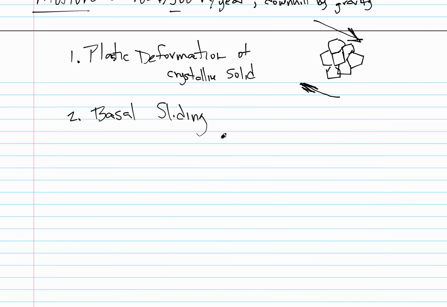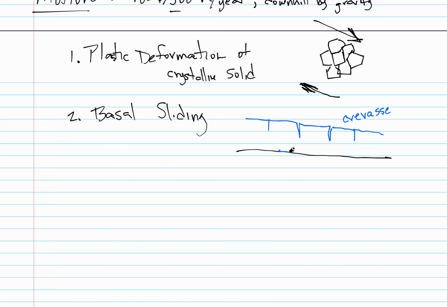Now, basal sliding is more simple. It is exactly what it sounds like. So if we have, here is our land below, we have our ice. I'm actually going to draw some cracks in the top of this ice because we're going to define these as crevasses. A crevasse is a crack in the top of the ice, but with basal sliding, here's what we should do.